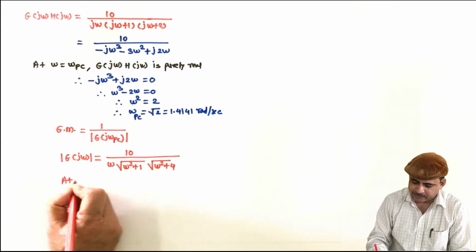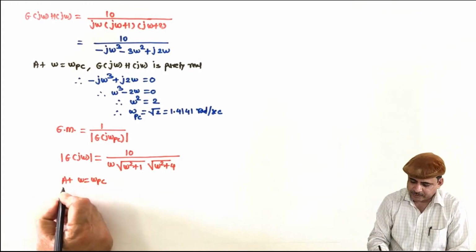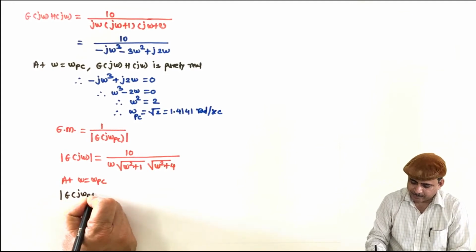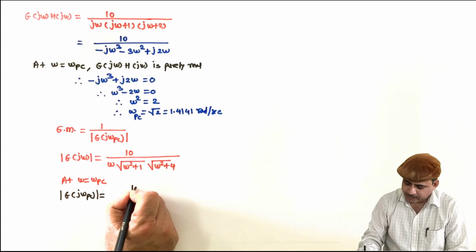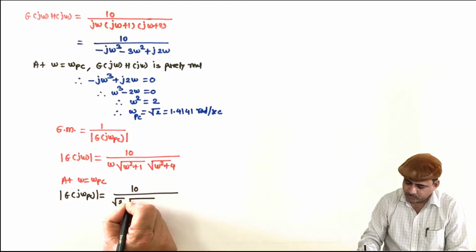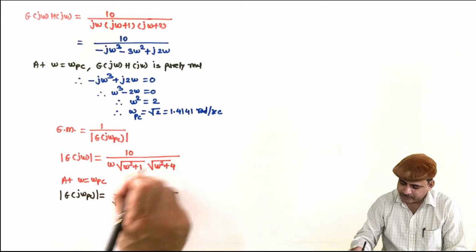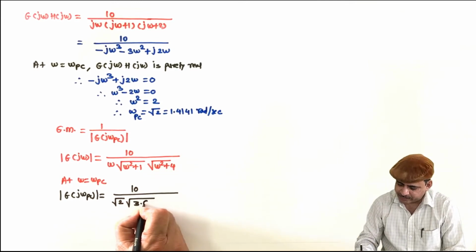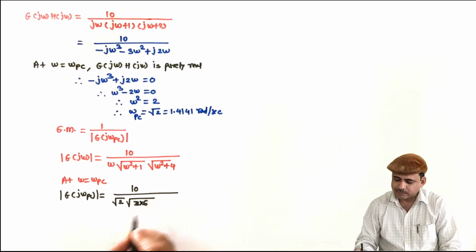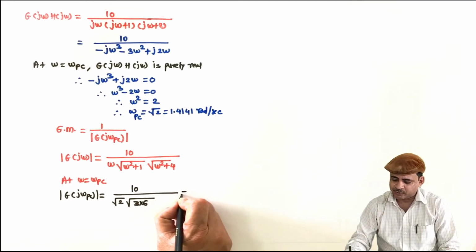So at omega equal to omega pc, this magnitude is equal to 10 upon root 2 into, omega square is 2, so root 3 into this, directly I will take root 6. So this is 2 into 3 into 6, that is 36. So root 36 is equal to 6.